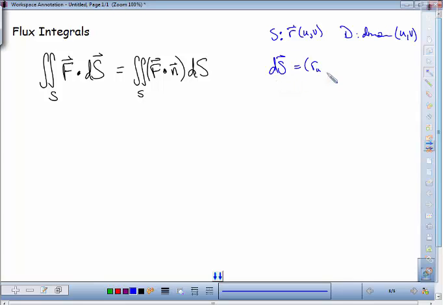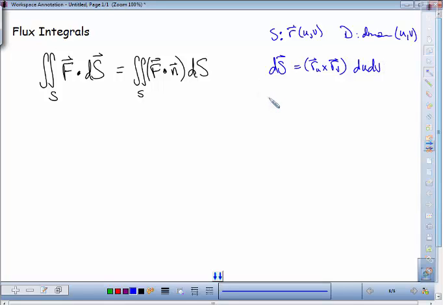So anyways, back to the dS. The dS is the cross product of the partial derivatives of the vector that parameterizes your surface, times du dv, but imagine this is in any order that you want. It could be dv du.